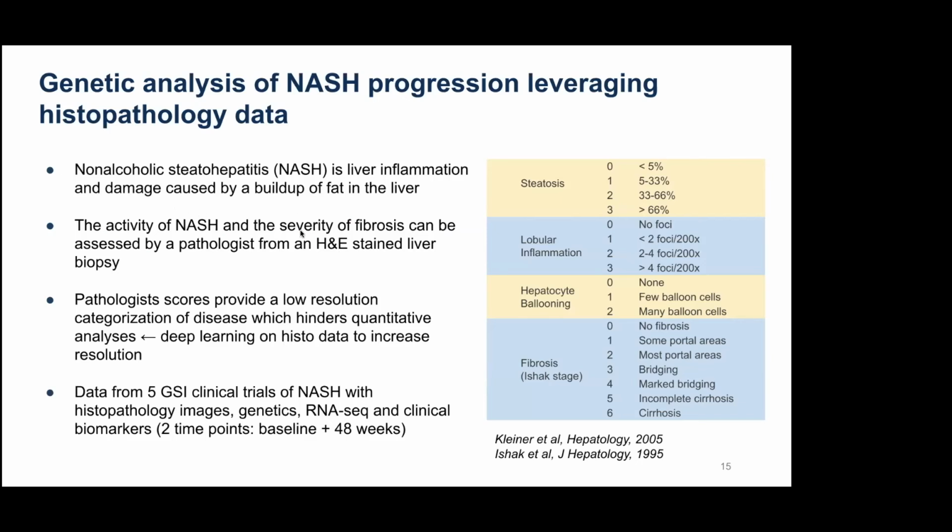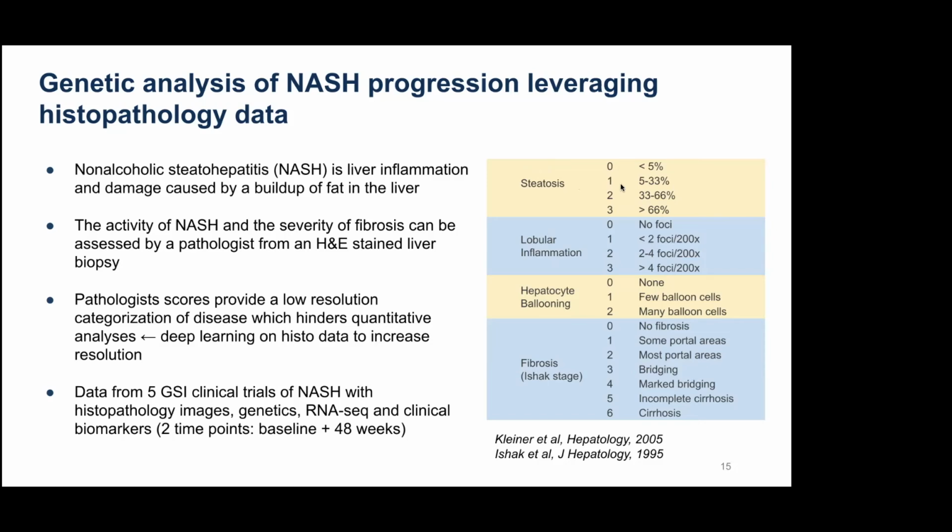The activity of the inflammation and the severity of fibrosis is assessed by pathologists by looking at the H&E stained liver biopsy. The pathologist assesses four different processes: accumulation of fat in the liver, namely steatosis, inflammation, hepatocyte death. This is a specific type of death known as hepatocyte ballooning, and fibrosis.